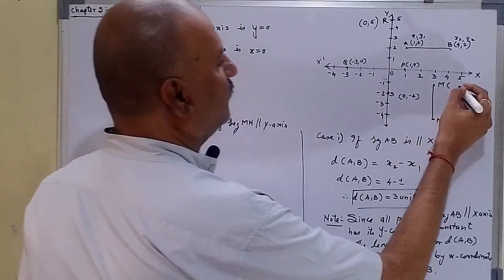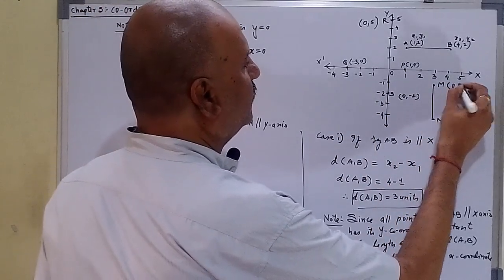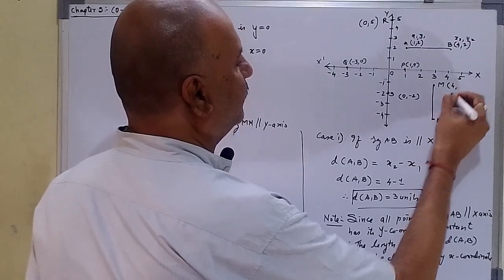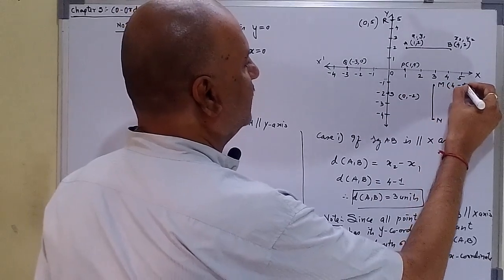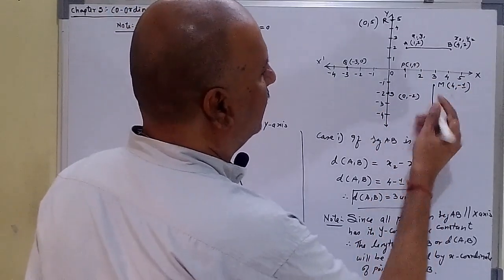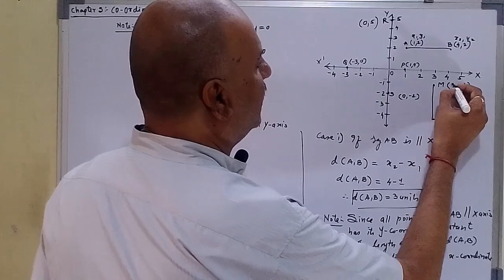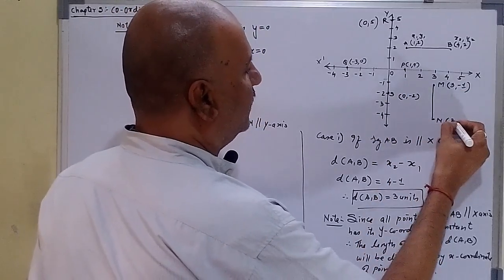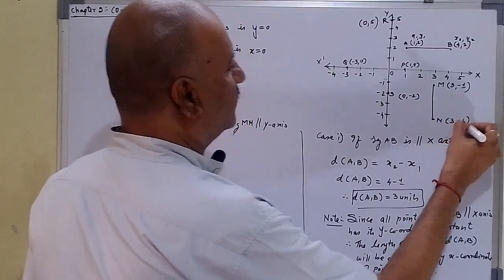What is the coordinate of M? नहीं, sorry. X एक्सिस पे 4 और Y पे -1. N का देखो, X एक्सिस पे 3, 4 नहीं, ये 3. यहाँ भी X एक्सिस पे 3, Y पे -4.